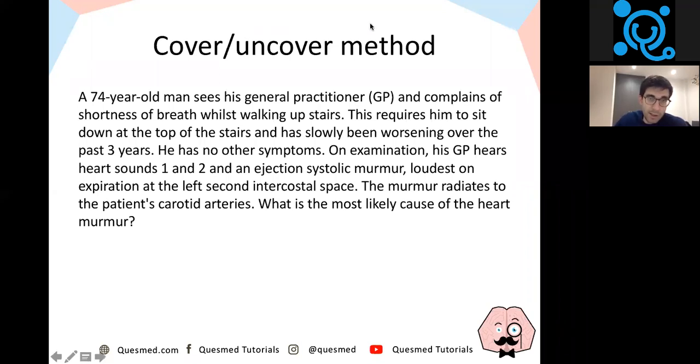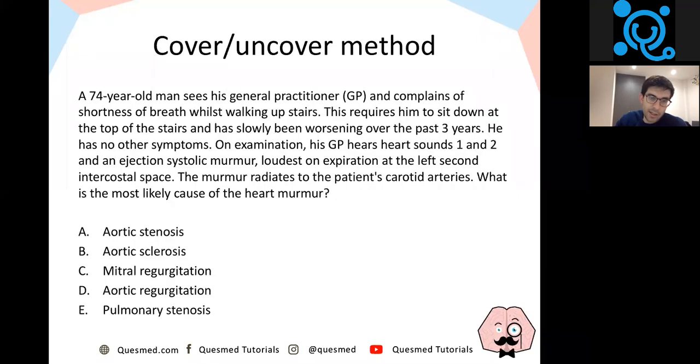Does anyone know? Any ideas what this could be? Hopefully, yeah, so aortic stenosis, AS. And so therefore, the point is to cover your options, and then you uncover them, you see aortic stenosis, okay, very good.